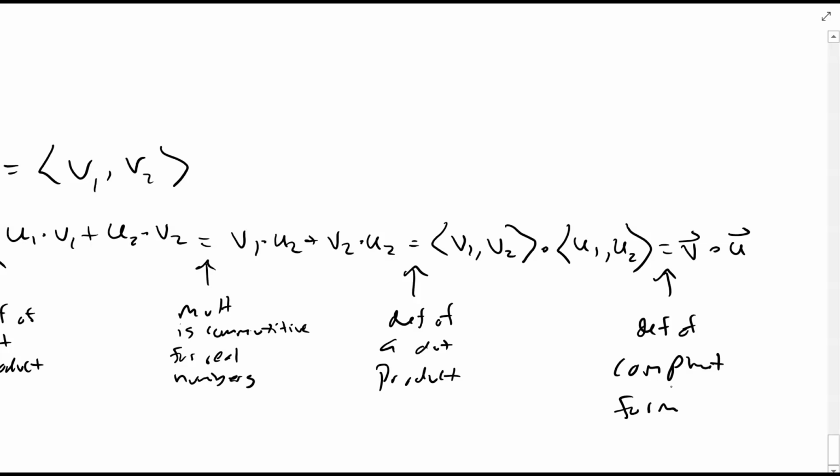And I know that V1, V2, and U1, U2 are just the vectors V and U respectively because of the definition of component form. And then I'm done.